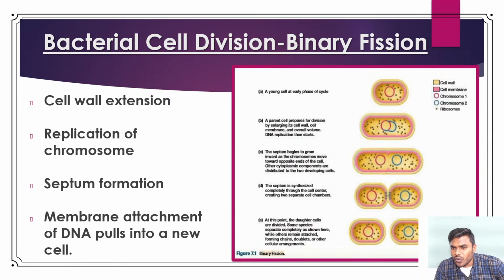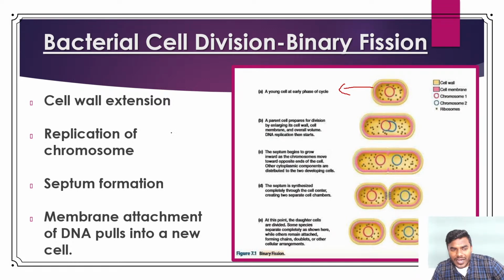Now try to understand, friends, the entire cell never elongates immediately. All the students keep it in your mind. First, there is an elongation of the cell wall. There is no requirement of a specialized protein for the cell membrane elongation.